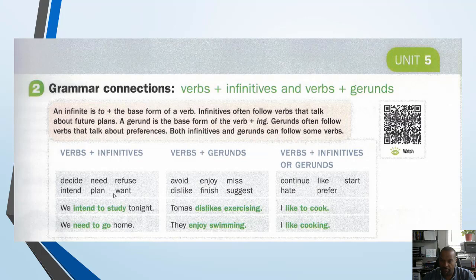To study is the complete infinitive. So an infinitive is to plus the base form of the verb. To study would be the complete infinitive. To go, go is the base form of the verb go, so to go is the complete infinitive.